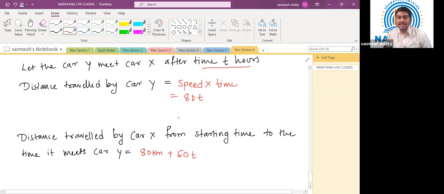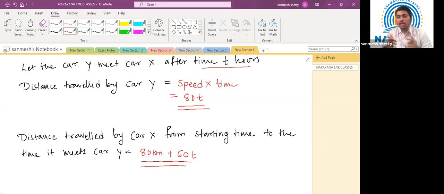So these both are the distances. 80 into t is the distance traveled by car Y before meeting car X, and this is the distance traveled by car X before meeting car Y. Obviously, these two distances should be equal, then only both the cars will meet at a point.